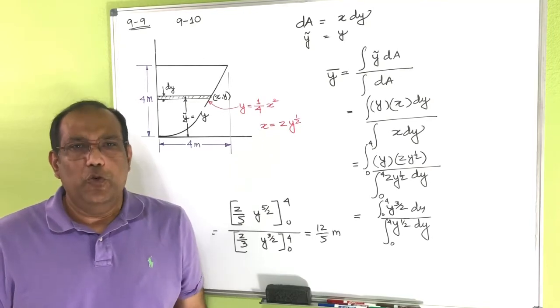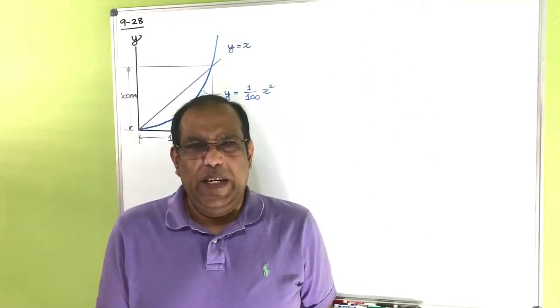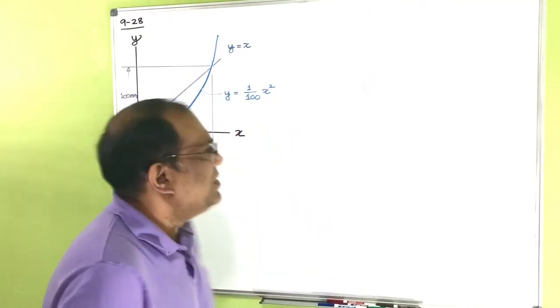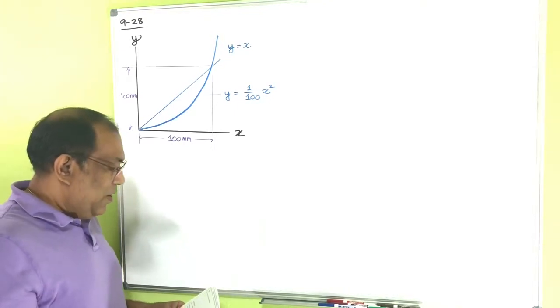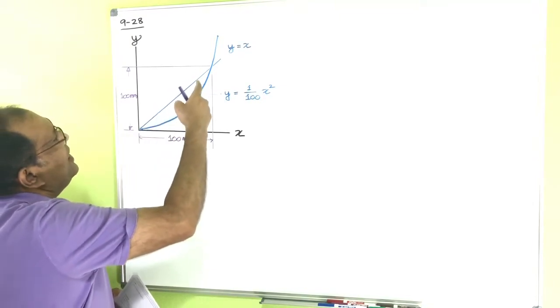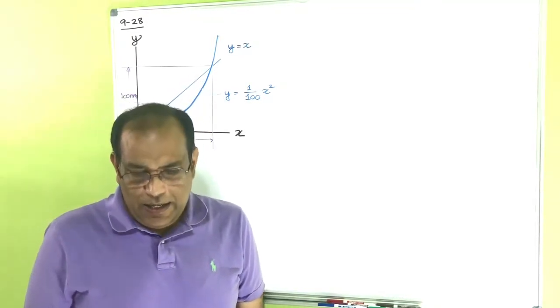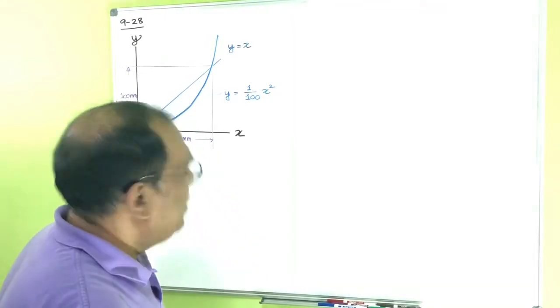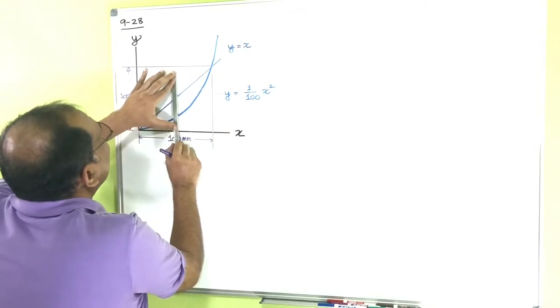Now let's move forward. Problem number 9-28. Okay, this is the figure of this problem, and they're saying to find the centroid x bar of the shaded area. This is your shaded area. Okay, you have to find the x bar here. So what we do here, we just take a small area here.